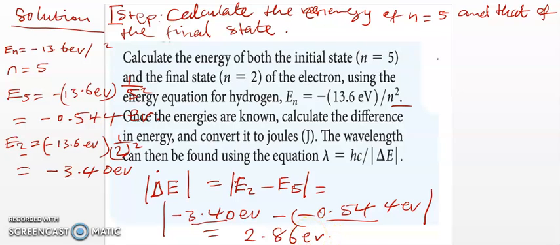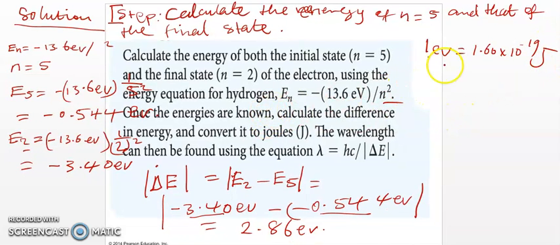But remember, we have to convert this into joules, and we know that 1 electron volt is equal to 1.60 times 10 negative 19 joules. So how can we convert 2.86 into joules? It is very simple.